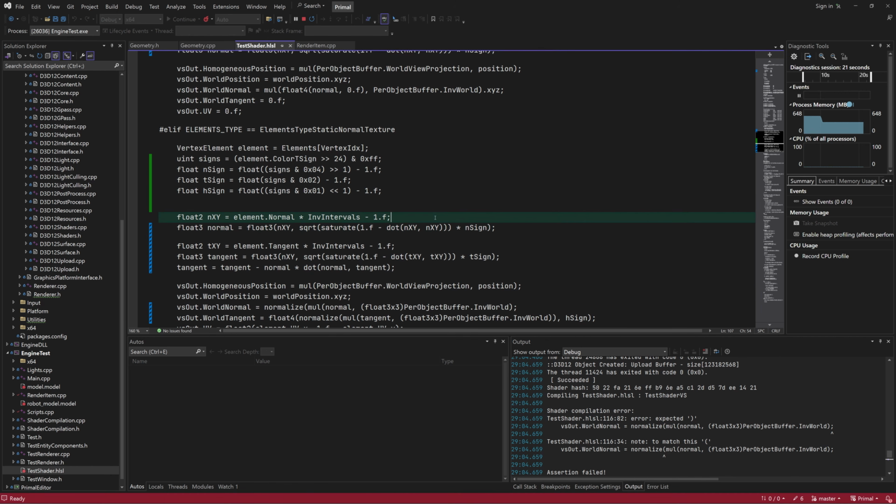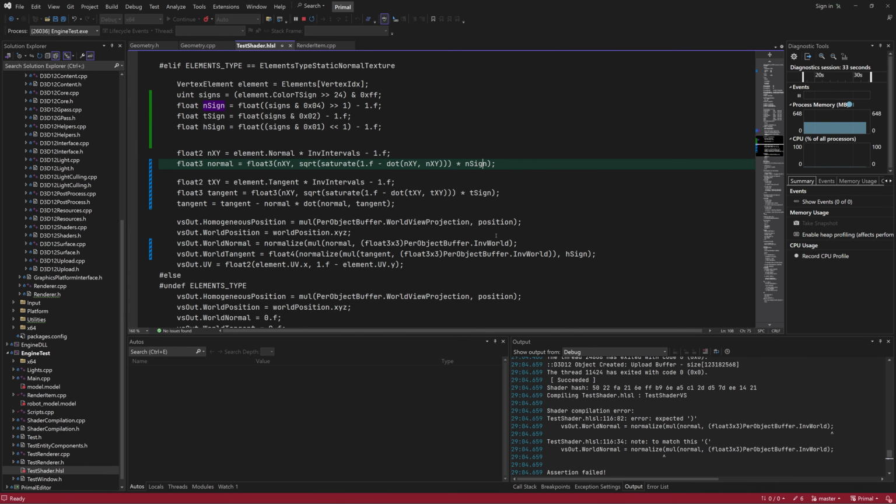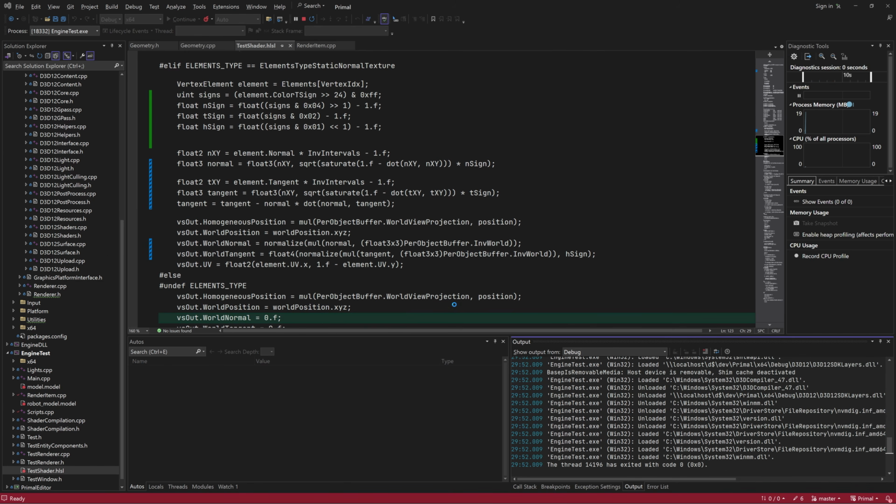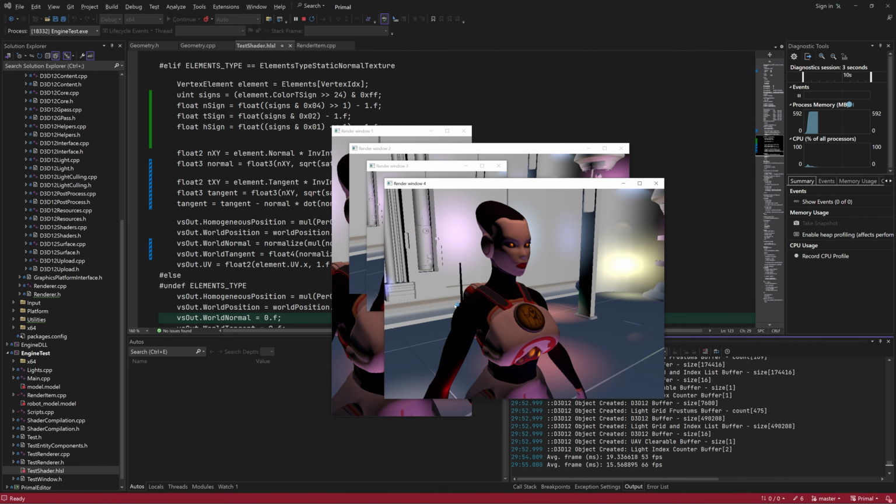I'm missing a parenthesis here. And we are ready to use the tangent space for normal mapping.